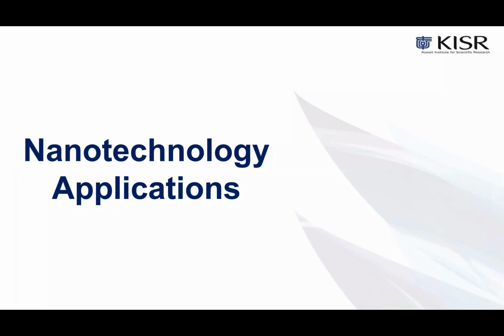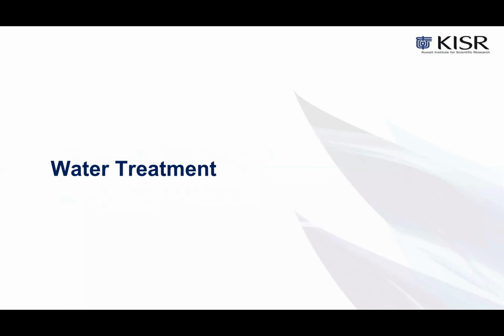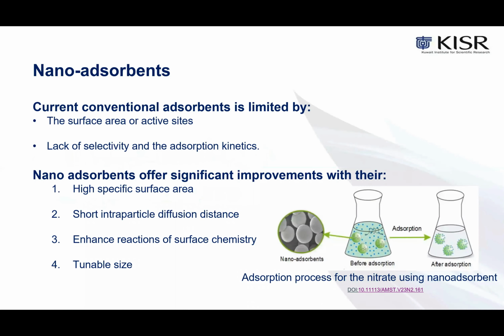What kind of applications can nanotechnology involve? Definitely there are huge ones, but here I select some interesting ones. For water treatment, the nanoadsorbent has been called an effective and economically attractive technique in industry for practical wastewater treatment applications.